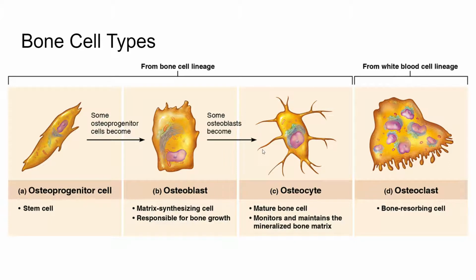And one more cell that's not on this list is called bone lining cells. The bone lining cells are found on the surfaces of the bones, and when the bones are not remodeling, when they're not moving things around, then these bone lining cells are there and they're maintaining things. So they're kind of like maintenance type cells.